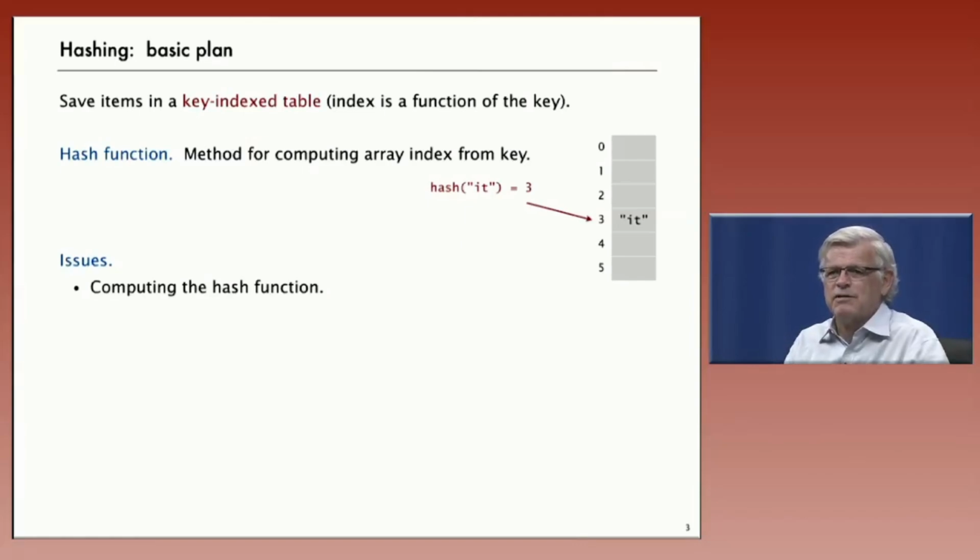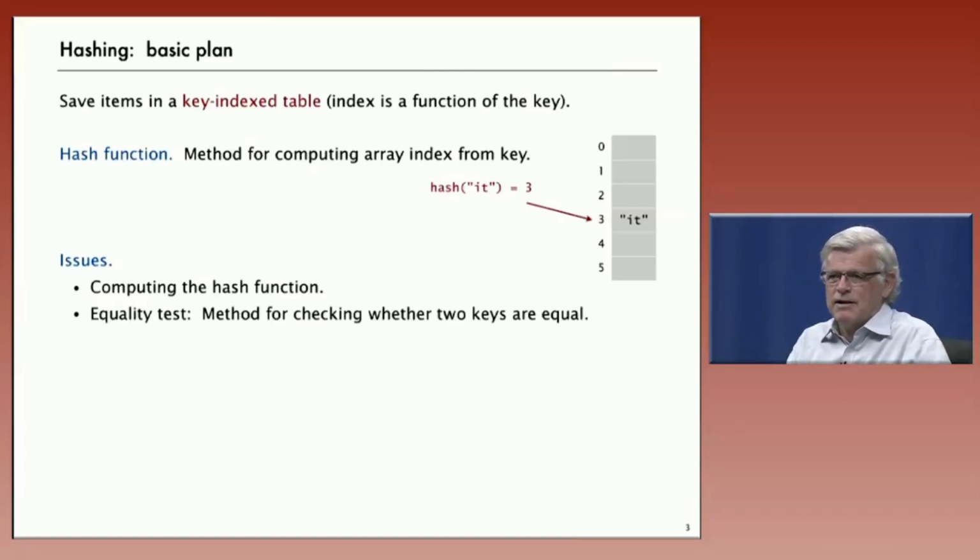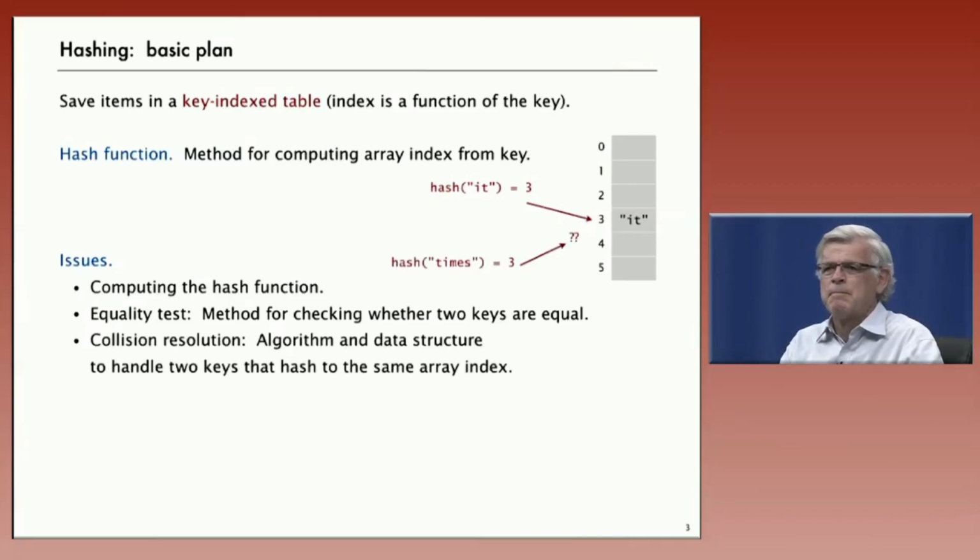Now there's a lot of issues in doing this. First thing is we need to be able to compute the hash function. That is easy for some types of data, but it can get complicated for more complicated types of data. Then the other thing is that instead of doing compareTos, we're going to be doing equality tests. So we have to be sure we've got the method that we want for checking whether two keys are equal. All we're going to do is look in the table and try to see if the key that's there is equal to the key we're looking for.